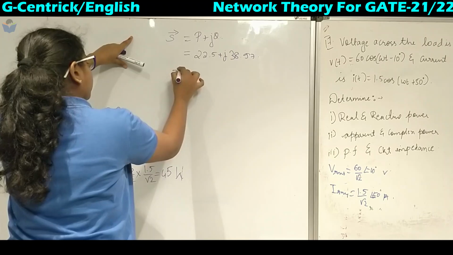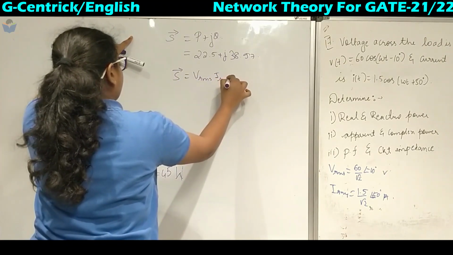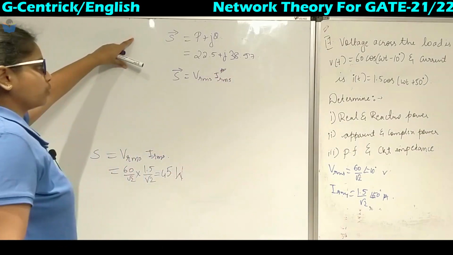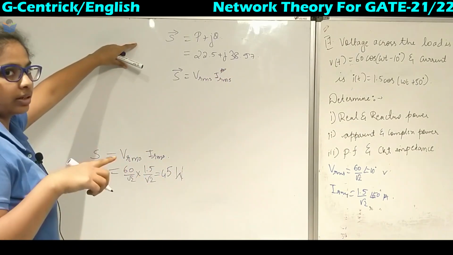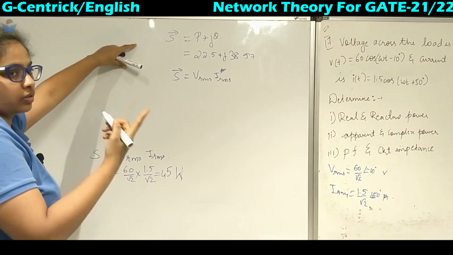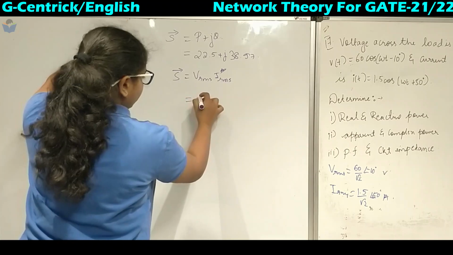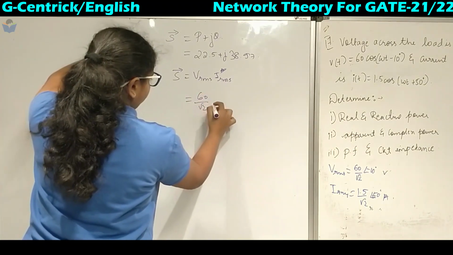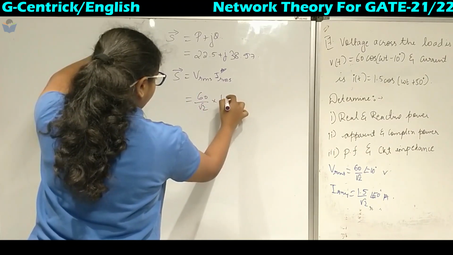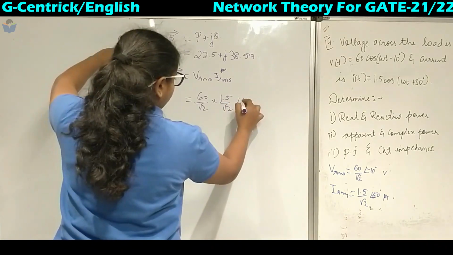Or there is one more formula for this: V RMS times I RMS conjugate. Whatever imaginary term is there, if it is negative it will turn positive, and if it is positive it will turn negative. So in this case, the angle will change. We have 60 by root 2 into 1.5 over root 2, and minus 50 will become plus 50.